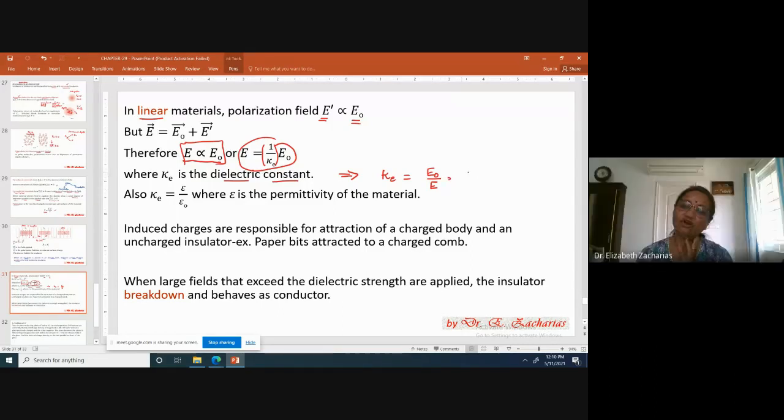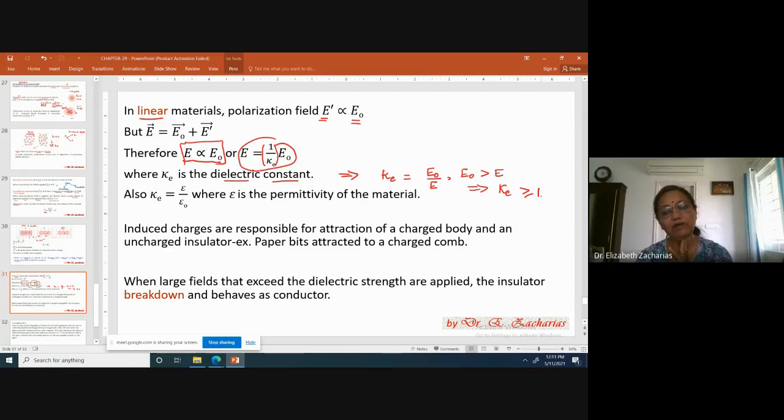E naught is greater. Since E naught is greater than E, kappa E will be greater than or equal to 1.